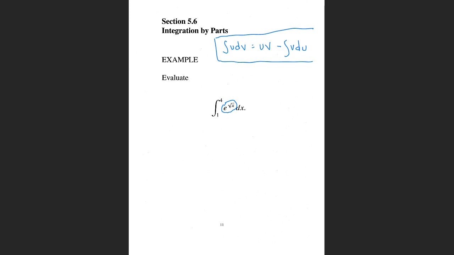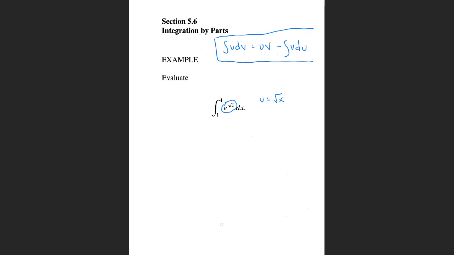So what we're going to do is make a substitution first. We're going to let u equal the square root of x. In other words, we're not going to do integration by parts right away. We're going to do a substitution, and then we're going to do integration by parts.